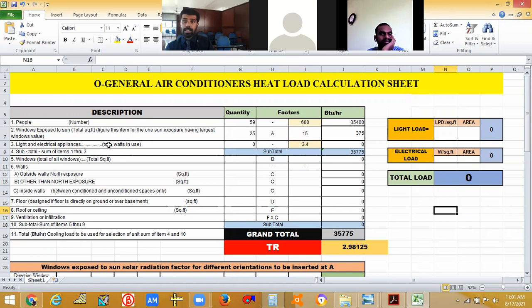Sometimes there will be fans and tube lights. We ask how many fans and tubes there are, add all those watts, convert into watts per square feet, and give it here. Understood? So here we have taken it separately. If they haven't given the light load, we will take it from ASHRAE for the different categories.